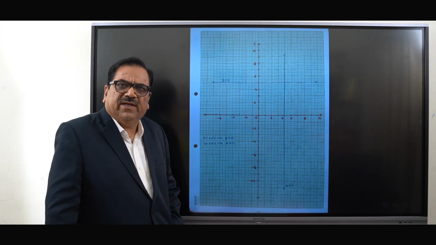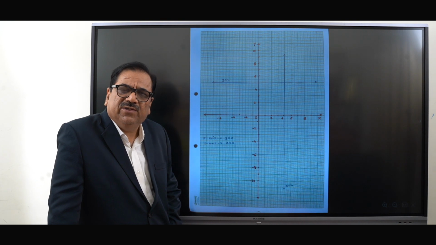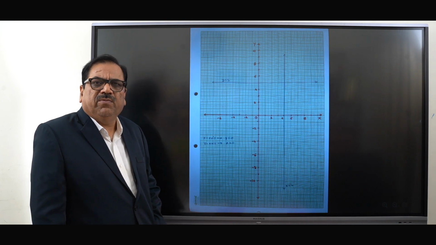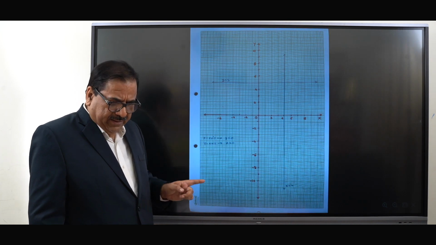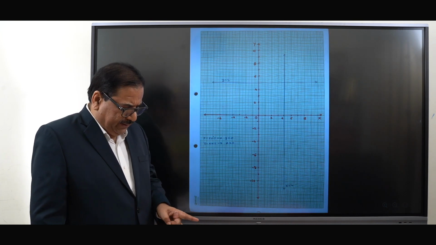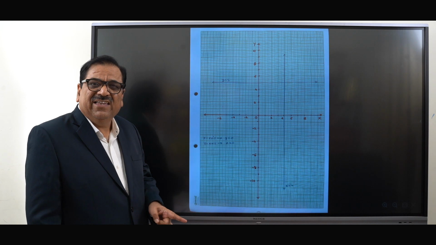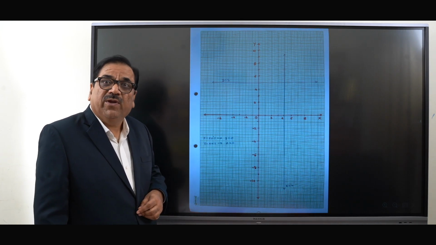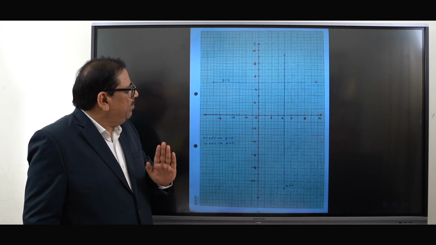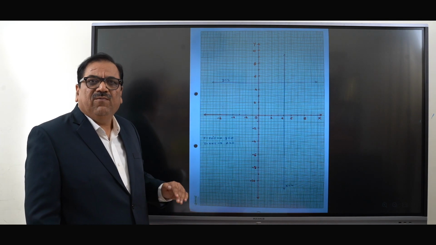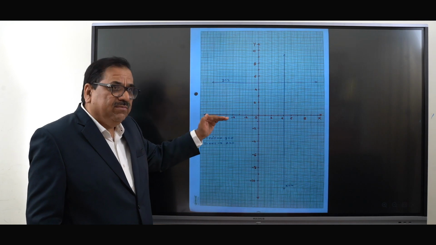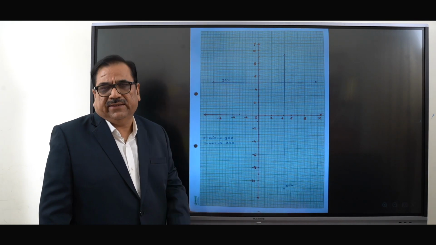And therefore, the equation of a line parallel to the x-axis is always y is equal to k. K will be positive if the line is above the x-axis. K will be negative if the line is below the x-axis.